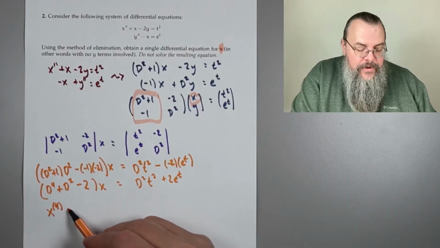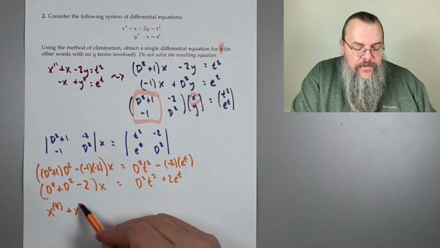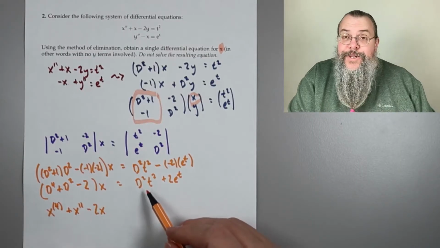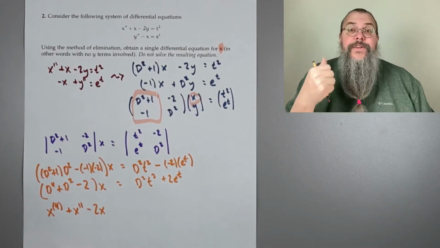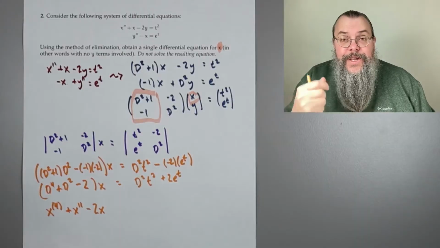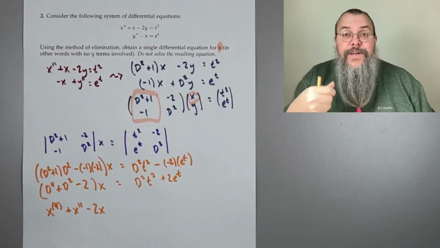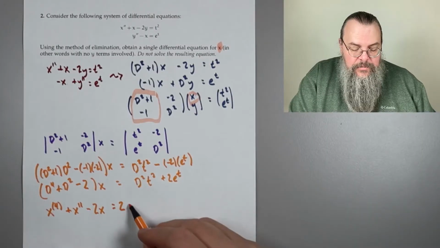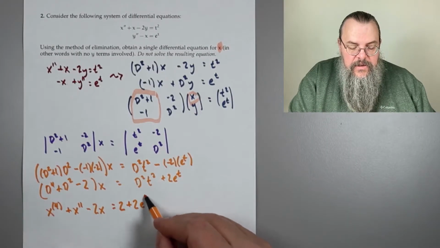So the fourth derivative of x plus 2 derivatives of x minus 2x equals d squared t squared. 2 derivatives. So start with t squared, 1 derivative, 2t. Okay, now take another derivative. Derivative of 2t, 2. So that's 2, and then plus 2e to the t.